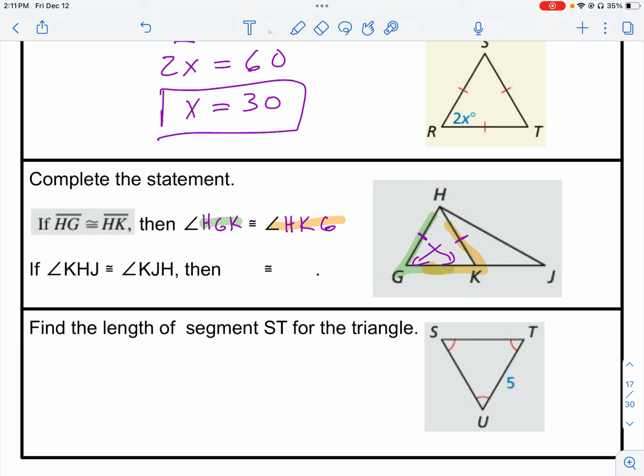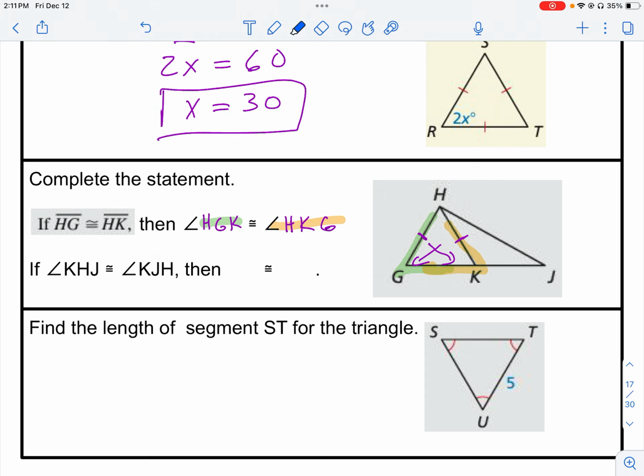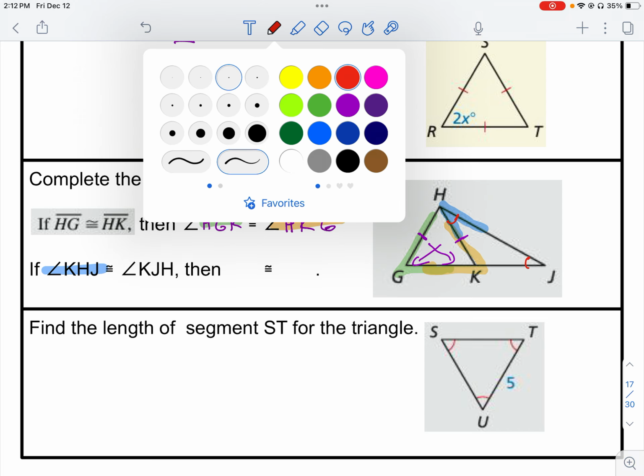But we're not done. So let's look and see what we got. So if angle KHJ, that's this one right here, is congruent to KJH, which is down here. And, oh, we haven't used pink yet.